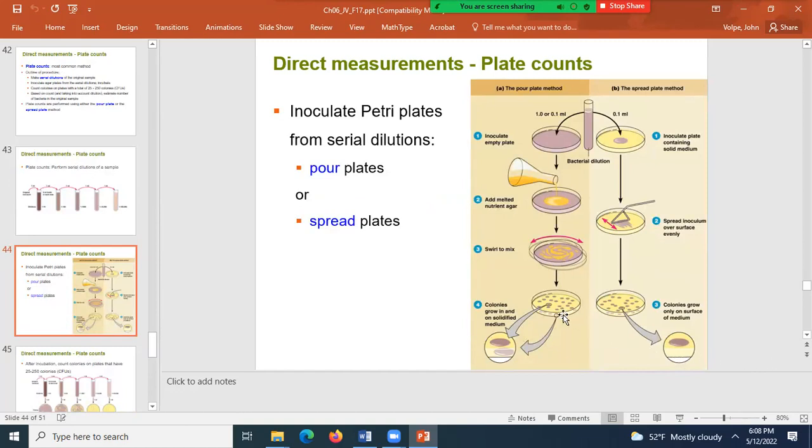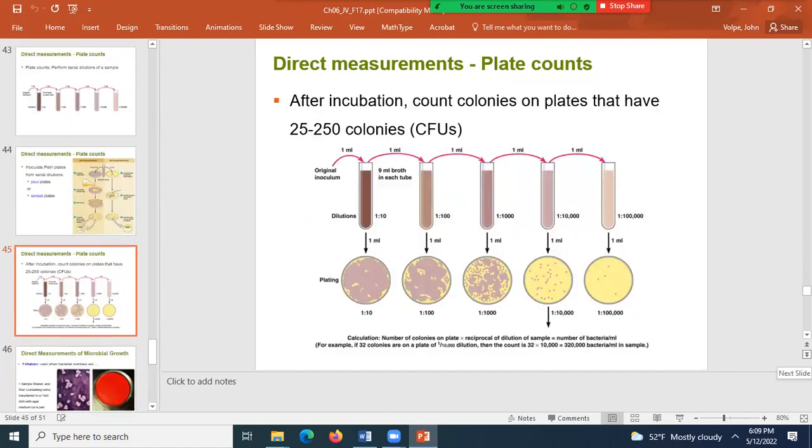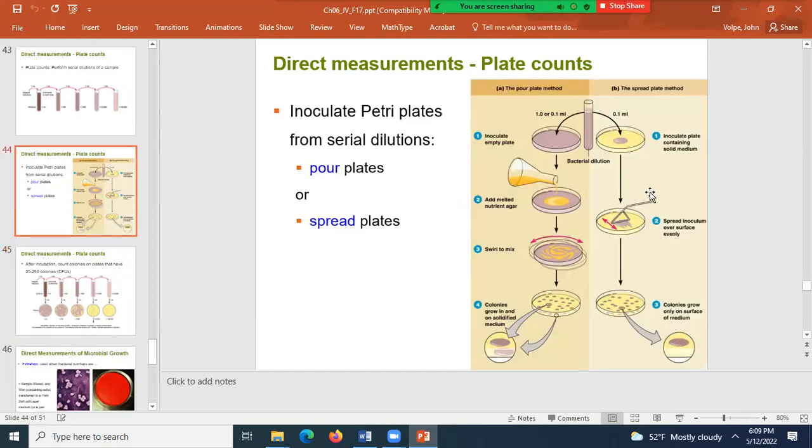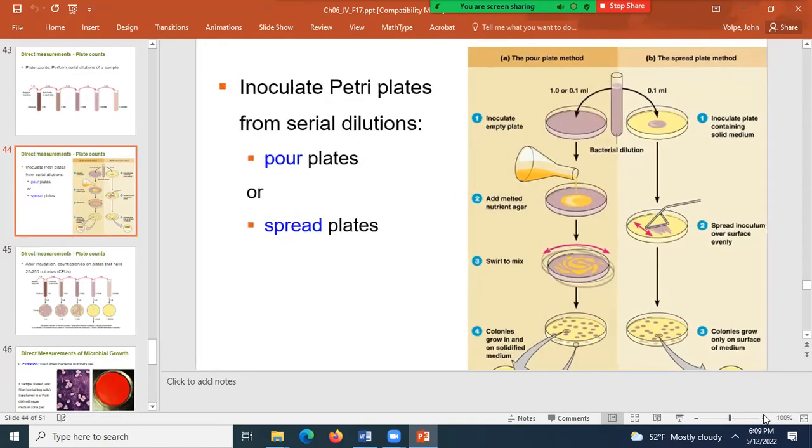I'm going to discuss it with the spread plate, but you could pour it also. And then you put the bacteria from your dilution onto the plate. And then you spread that around the plate.